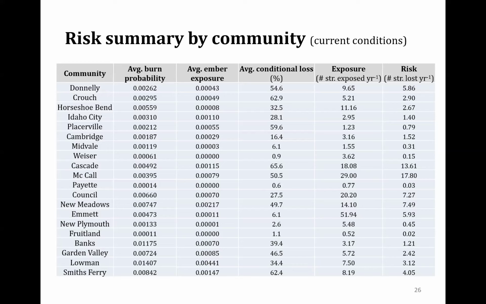So you get the landing locations. This is an option provided by fconst model, and you use these landing locations to obtain the ember exposure.